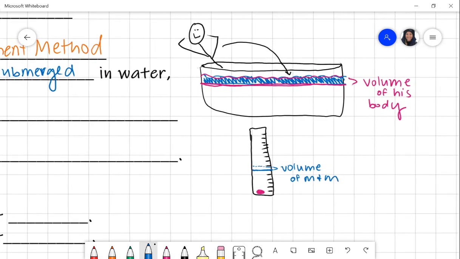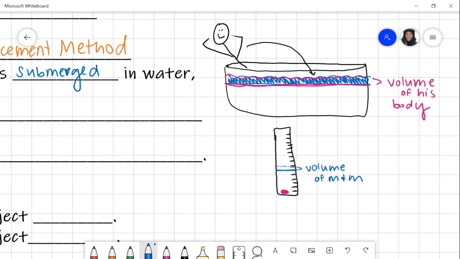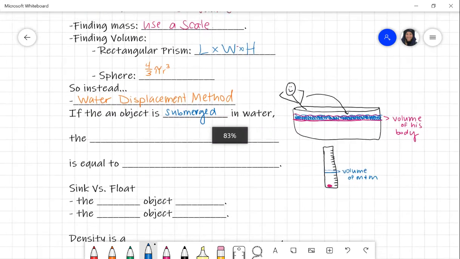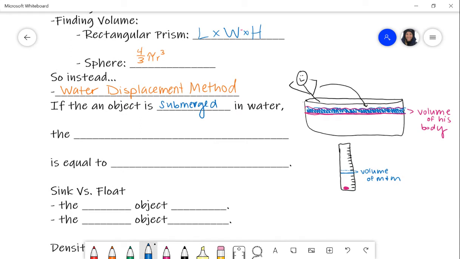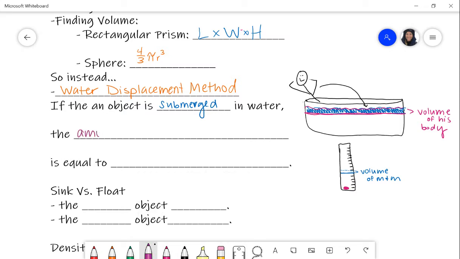The exact amount of space that was taken up by the M&M is the exact volume of the water that was displaced. So that's pretty cool. When an object is submerged in water, the amount of fluid displaced or moved is equal to the volume of the object.